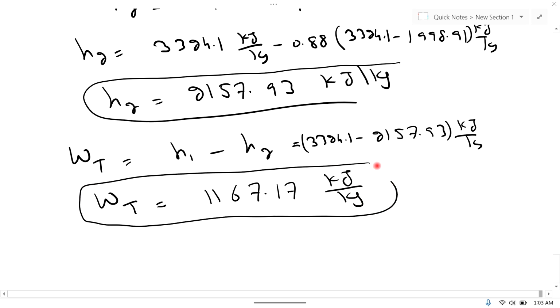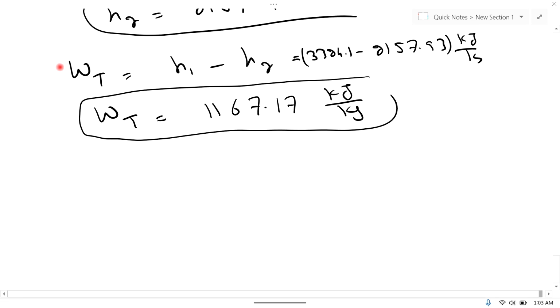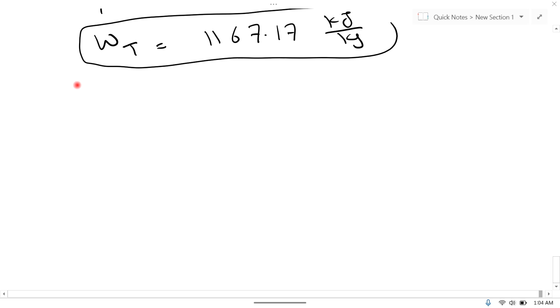Now we have to find the work of the pump. There are two works: one is the actual work of the pump and the second is the theoretical work of the pump. Here, as we know, pump efficiency from the book formula is equal to H4S minus H3 divided by H4 minus H3.